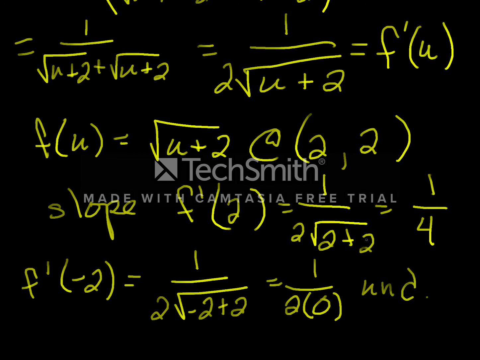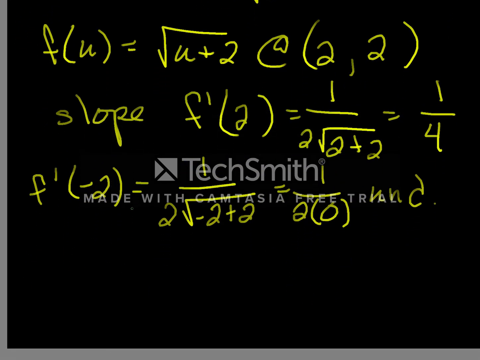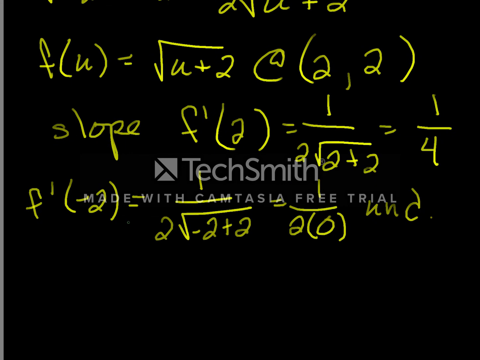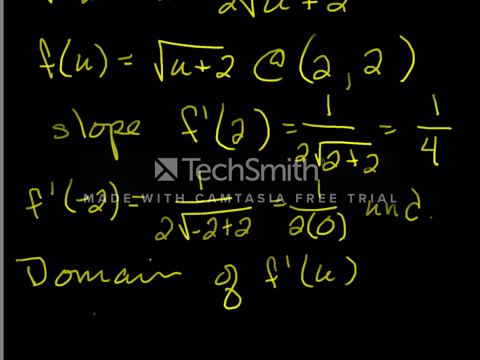Really, if we looked at standard parts, this would be going to infinity there, and so it fails to exist. So we could say that the domain of our derivative, the domain of f prime, is simply the interval. We need the inside to be positive, and we can't be at -2 because that makes it 0. So it's anything bigger than -2, so it'll be -2 to infinity.